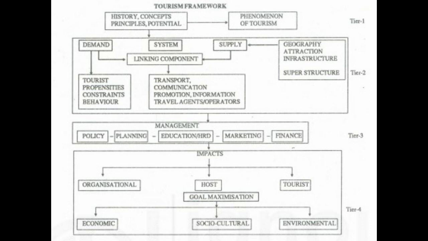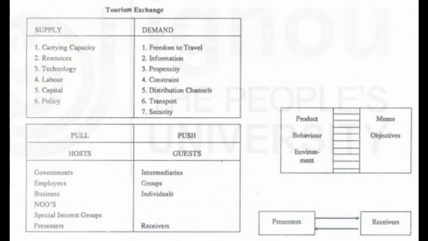The system therefore has to be managed so that everybody's expectations are capable of being realized. How the system is managed will indicate the nature of the impacts of tourism on the industry, the host population, and the tourist. The broader goals will be the economic, social, and cultural changes that the managers of tourism, the state, and the private sector have envisaged, along with the expectations of the residents of the area where tourism is actually located.